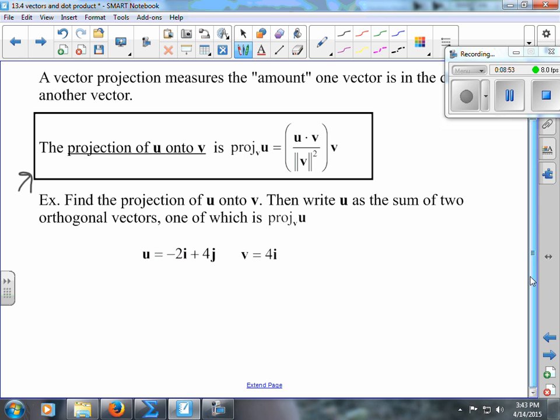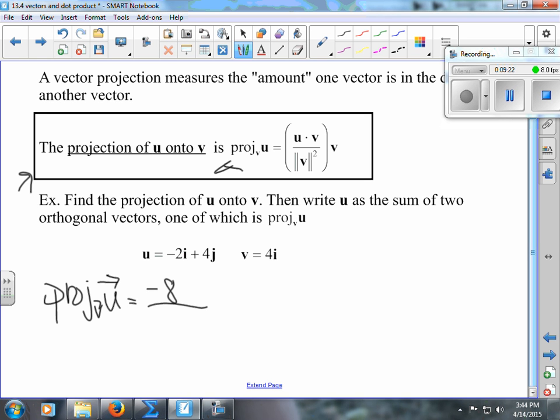Okay, and so this is going to be our final example. I have the same two vectors u and v here, and we're going to find the projection of u onto v. And I'm just going to follow this definition in this box here. So the projection of u onto v is, I need to find the dot product between these two vectors. I actually just did that. That was -8. Then I needed to divide that by the magnitude of v squared.